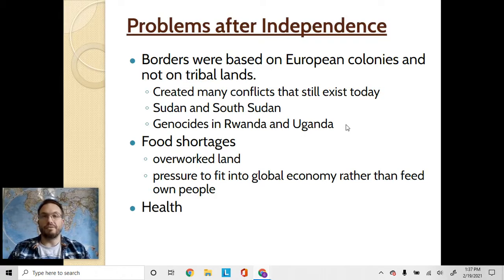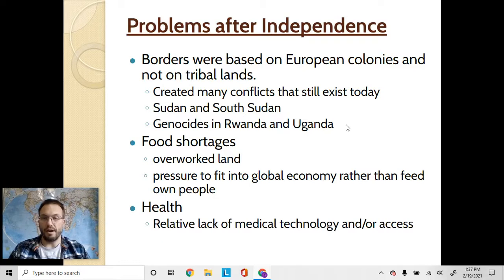Another major problem after independence is health, the health of the general people who are there. Again, these are places that have been purposely held back by imperial powers from being able to industrialize. And that includes, remember, one of the first things that comes with industry is medicine, medical technology. Now, that's not to say that people in different African countries don't have medical technology.